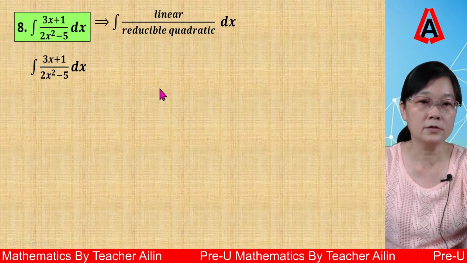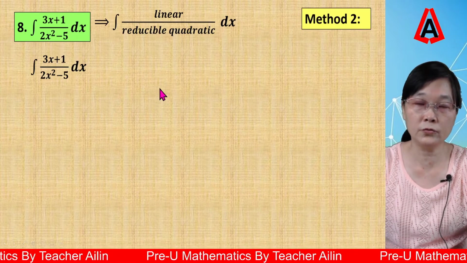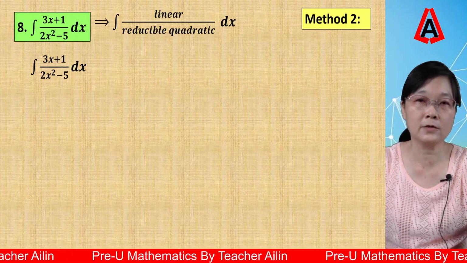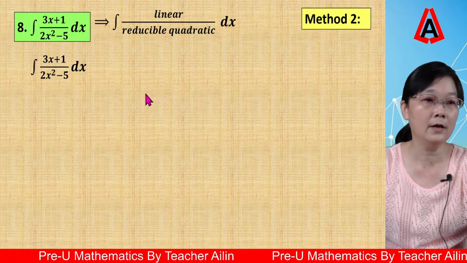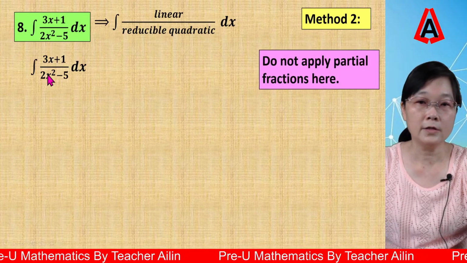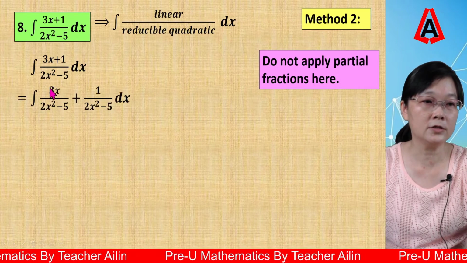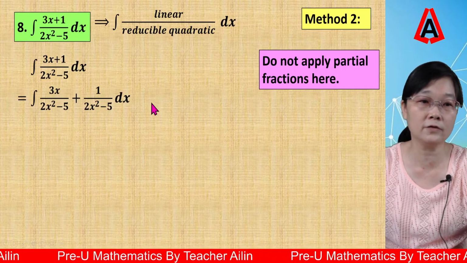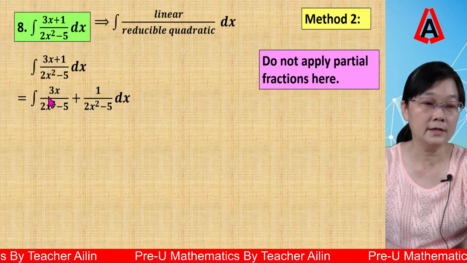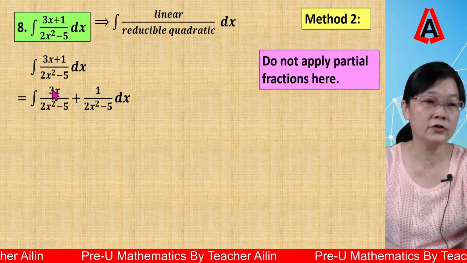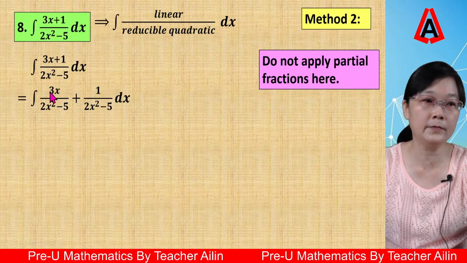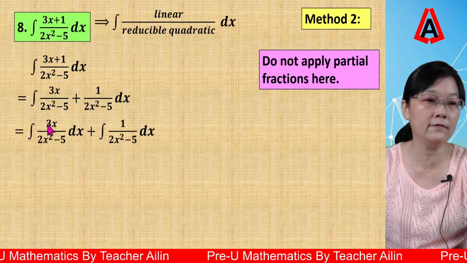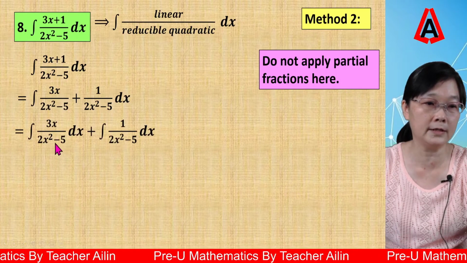Now I'm going to use method number 2, same method as question number 7, where I'm going to separate the rational function becomes 2 without using partial fraction. So for this, I try to change the numerator becomes the derivative of the denominator.